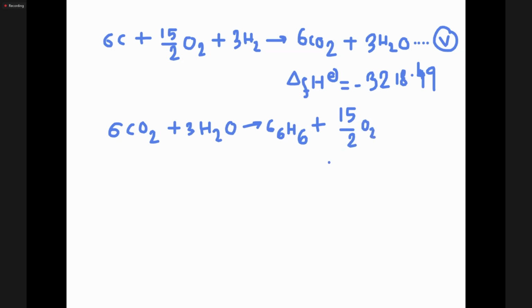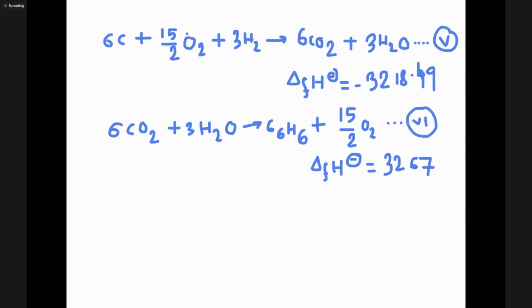And the delta H value will just be the opposite one, so the value will be reversed. It is plus 3267 kilojoule per mole, because it was negative in the original equation 2. We will term this equation as equation 6.